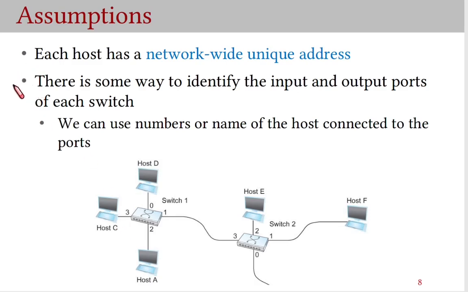And the second assumption is that there has to be some way to identify input and output ports of each switch. For that, we could use numbers, as I showed in the image of a switch in the beginning of this video, or we could use the name or address of the host that is connected to different ports. However, we are going to use port numbers in the rest of this discussion.